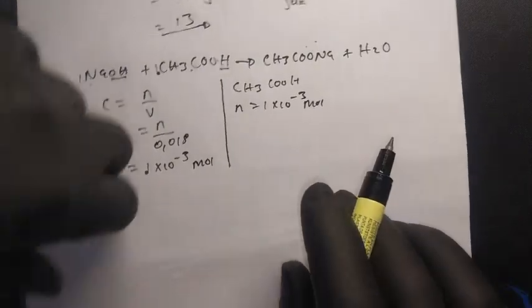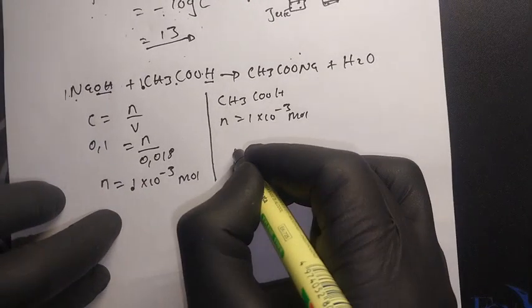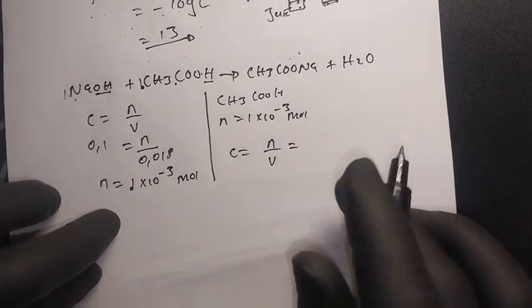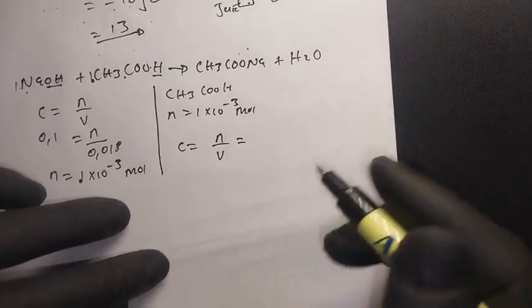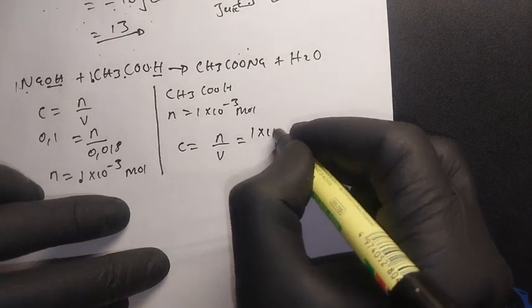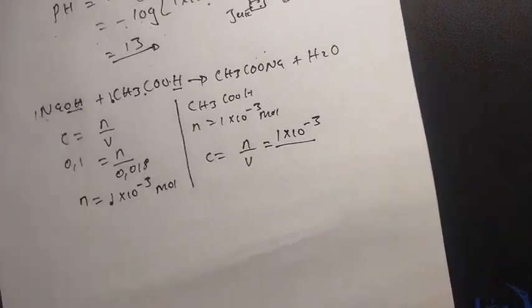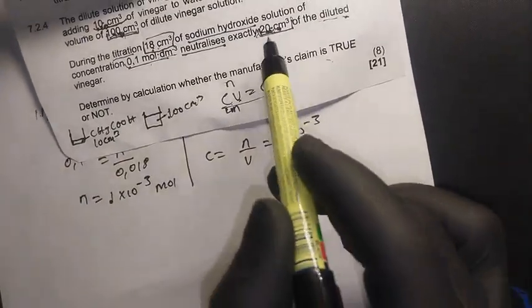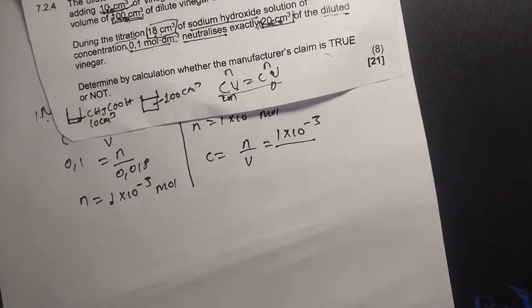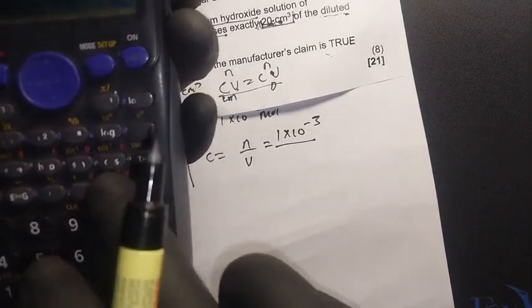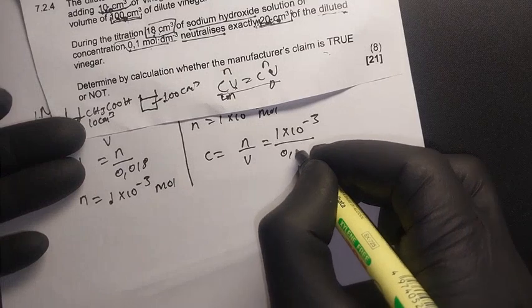You're going to do the same thing. C equals N over V. The concentration is what we are looking for. So we say 1 times 10 raised negative 3 divided by the volume. The volume given is 20 centimeter cube, so we divide that by 1,000. It's 20 divided by 1,000, which is 0.02.